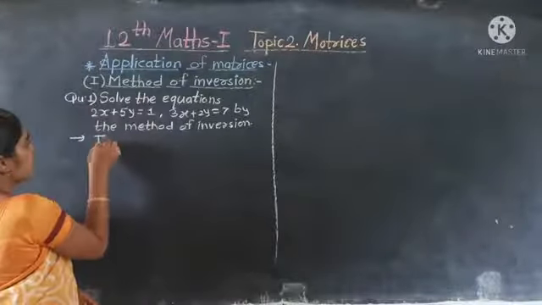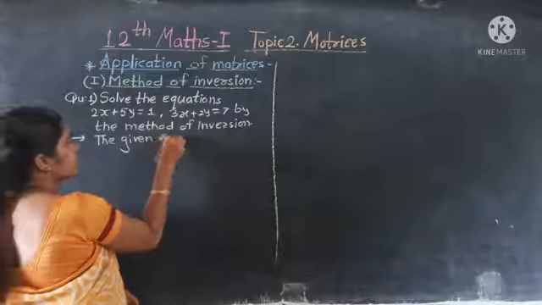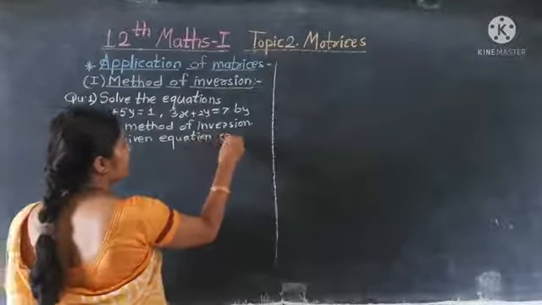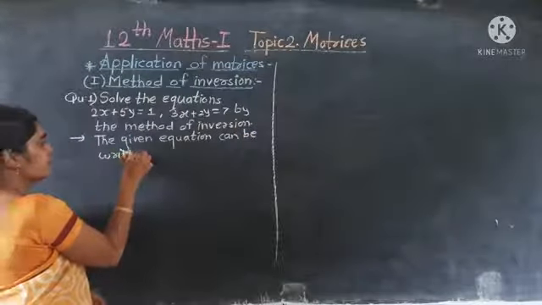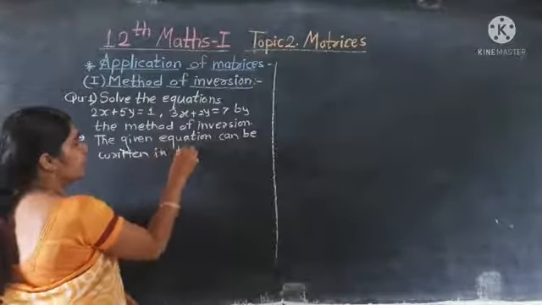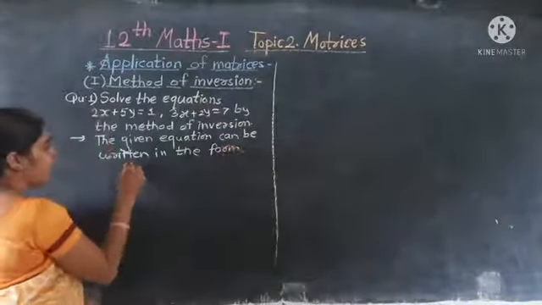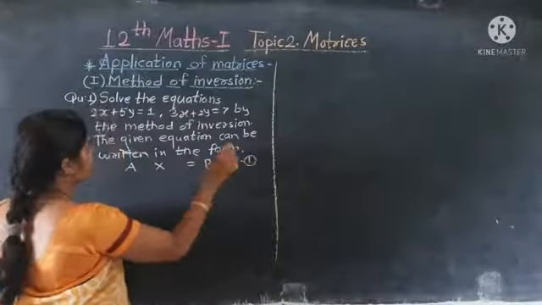The given equations can be written in matrix form, in the form AX is equal to B. You call this equation number first.